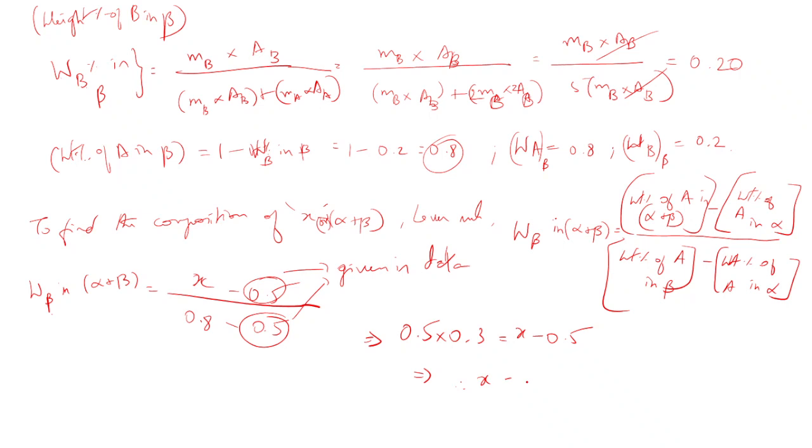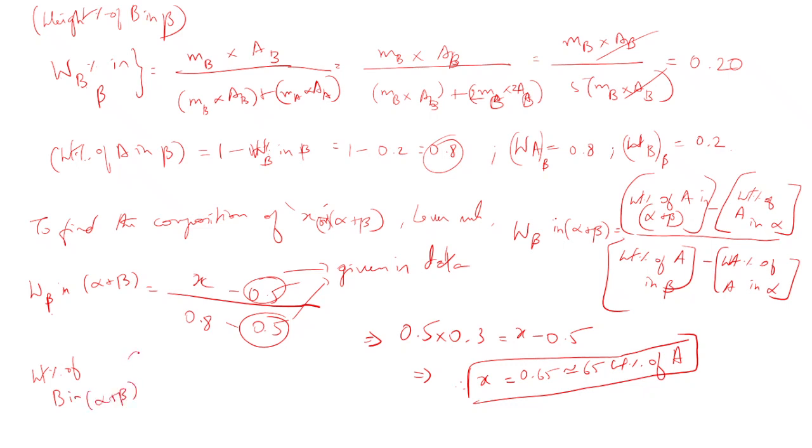Therefore, your final x value will be 0.65, which is also known as 65 weight percentage of A. Now we have found the weight percentage of A. To find the weight percentage of B in alpha plus beta, it is 100% minus 65 weight percent, which is 35%.